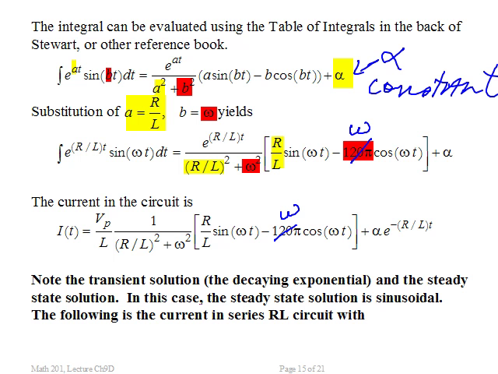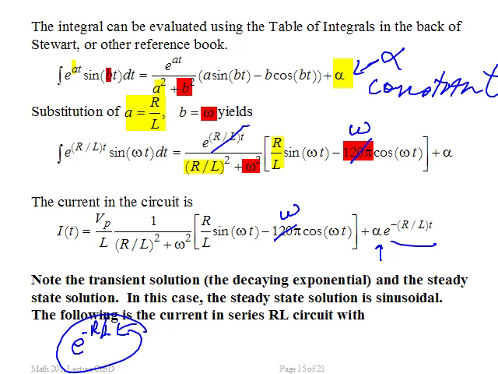And now, if you remember, before, in the solution there was a term e to the minus R over L t multiplying everything, and I'm going to distribute that through. When I distribute that through, this goes away, and I just get V over L times 1 over R over L squared plus omega squared, times R over L times the sine of omega t minus omega times the cosine of omega t, plus the constant of integration times this decaying exponential.